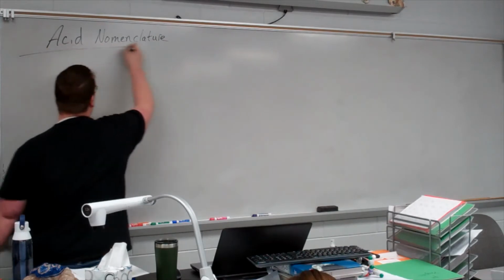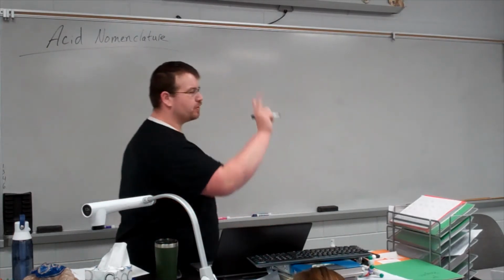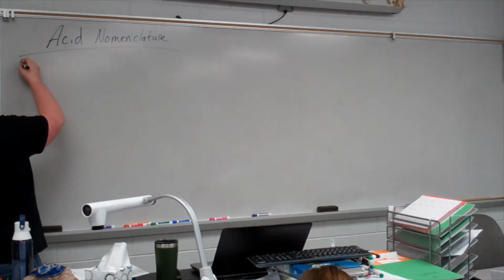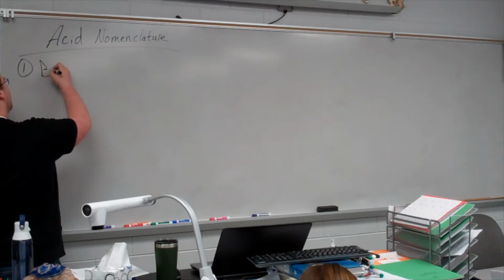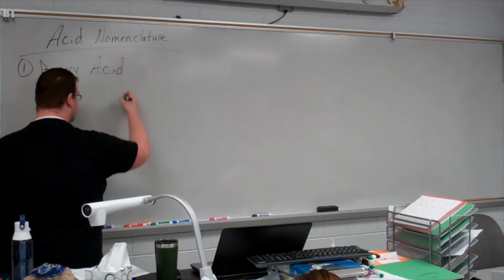So within this acid nomenclature, what you will find out is there's two different types of acids you'll deal with. The first one is a binary acid. That's the first rule you're going to learn today.